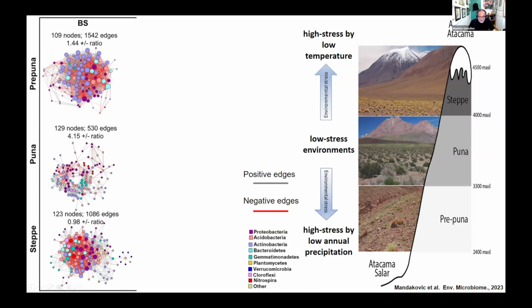Well, regarding the network ratio of positive to negative connections, we observe that in the middle region of the transect, the ratio reaches a level of 4.5 positive to negative interactions. And in the extremes of the gradient, we observe that this number decreased to 1.4, or near to 1.